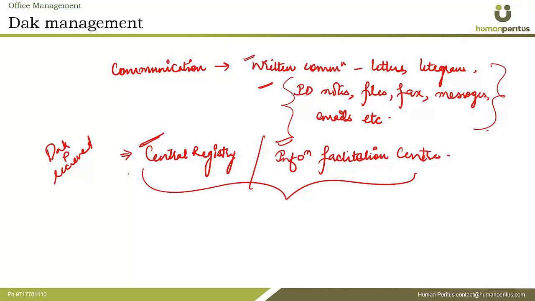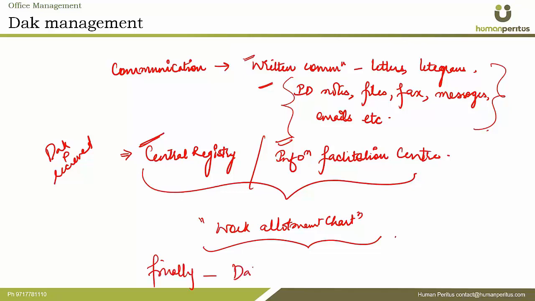So the dak is distributed to every section, and for that distribution there is a work allotment chart which defines which dak would be received by which section, or which dak has to be sent to which section. So finally the dak reaches a section, and when dak reaches a section, it is called a receipt.